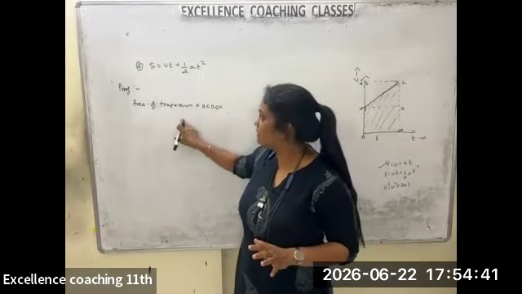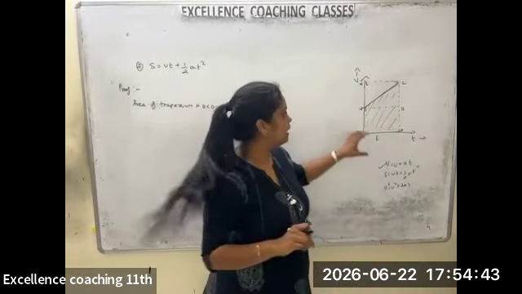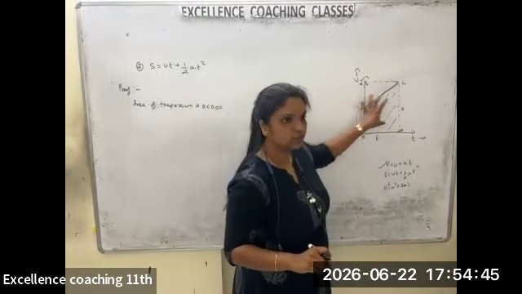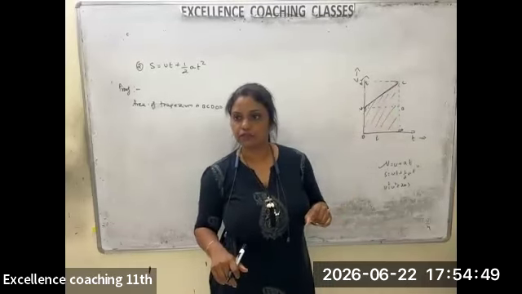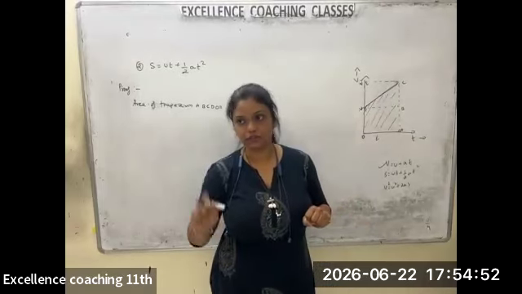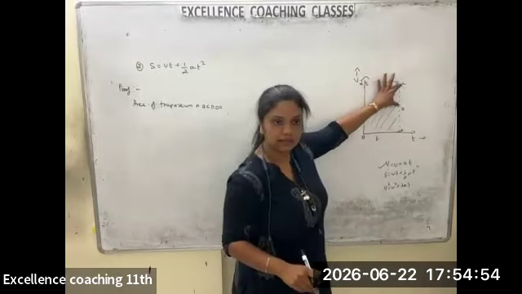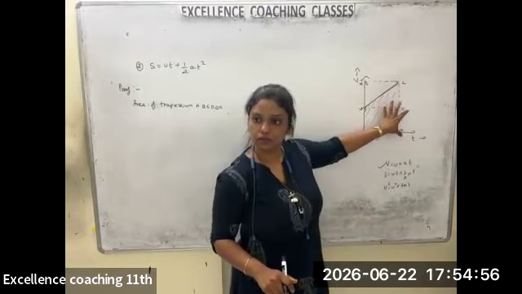Now tell me, this geometrical figure is made up of how many geometrical figures? Two. One is a triangle and one is a rectangle.